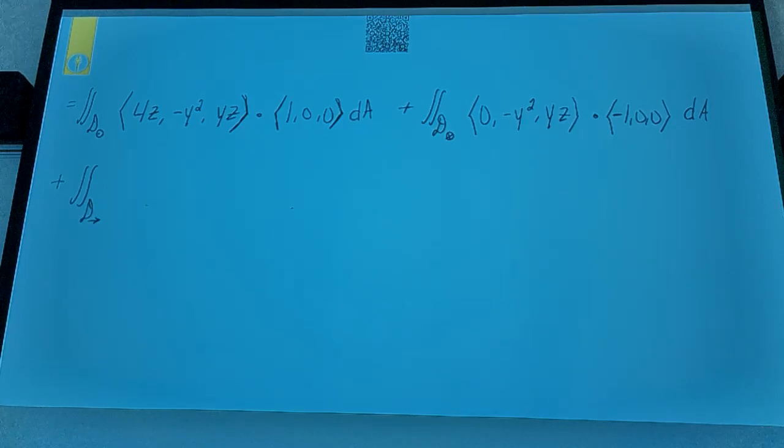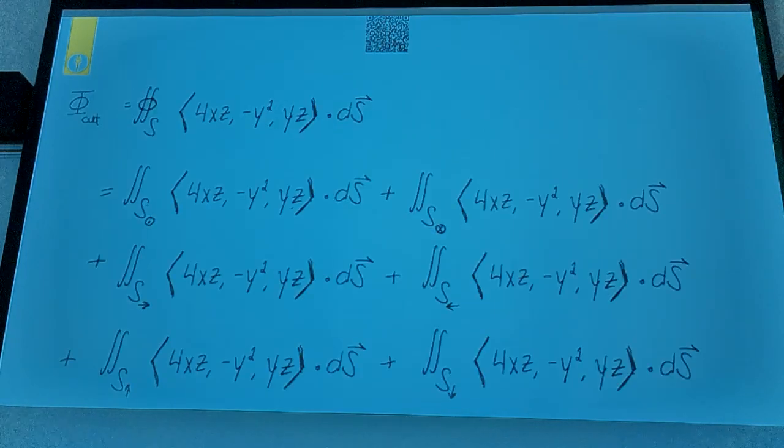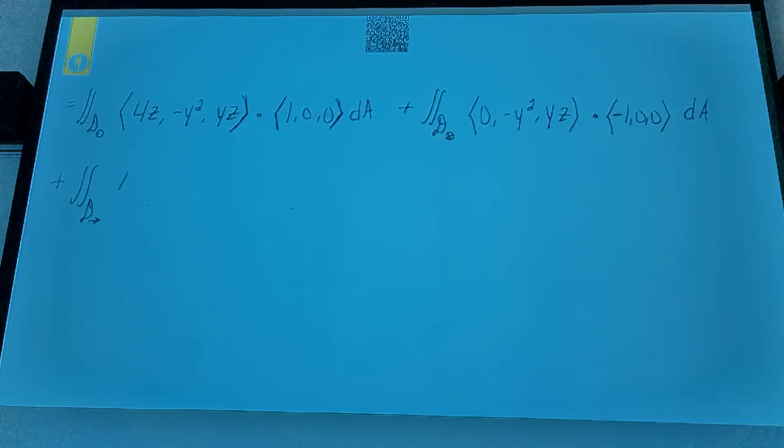Domain for the right facing. This time, y is 1. x and z stay the same. Dotted with n dA. For the left, y is now 0.